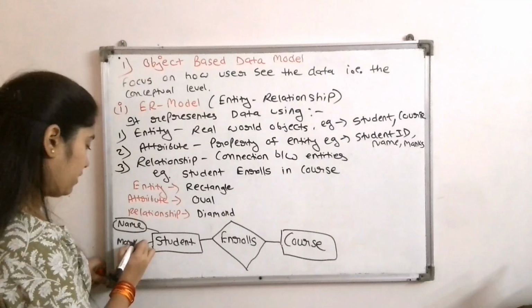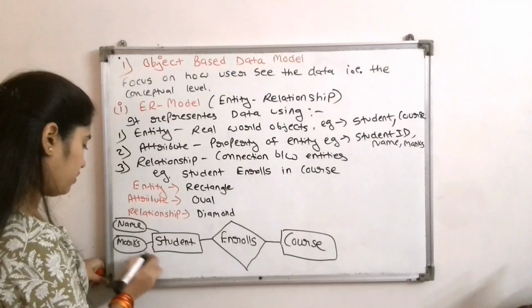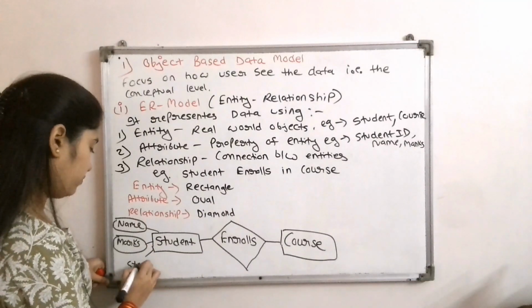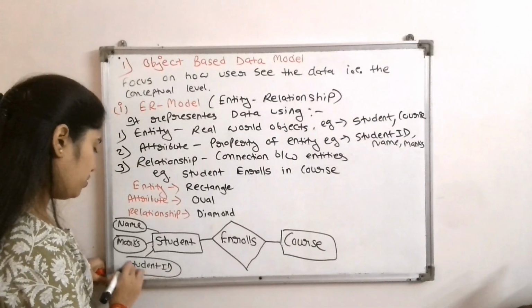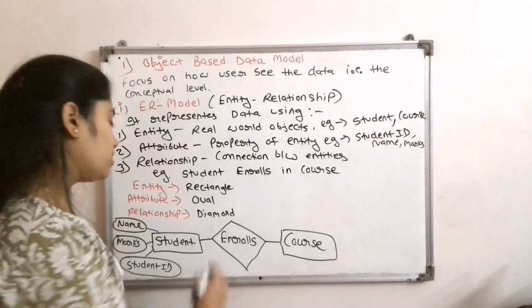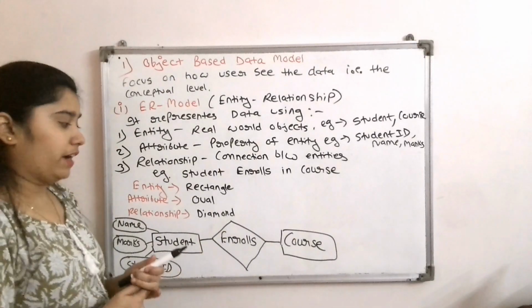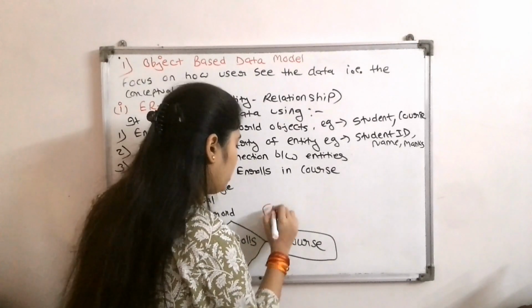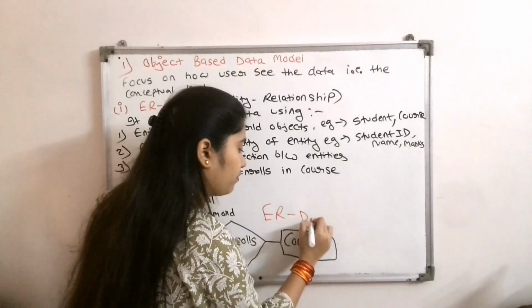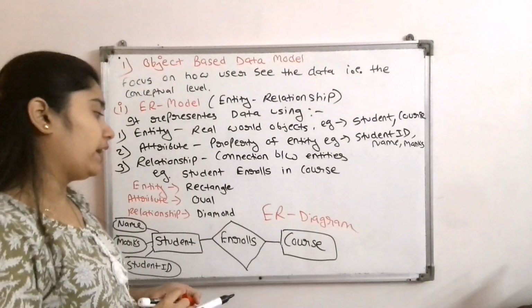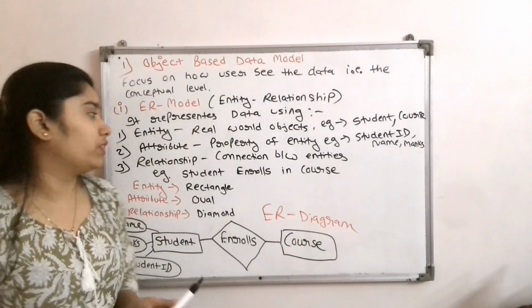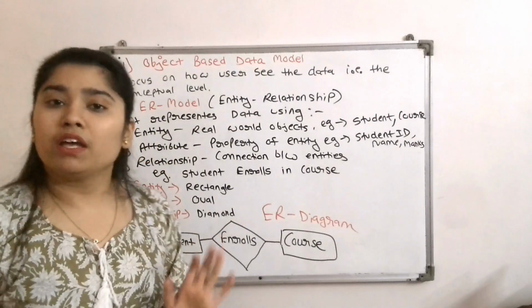Okay, marks and the student ID. So this is the ER diagram. I hope you are clear how we draw the ER diagram with the entity, attribute and the relationship.